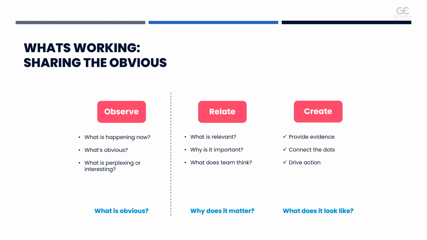I'm trying to make them relatable to what's happening and what's relevant to us right now. And I'm trying to gather perspectives through these detanglers because I want people to engage and give me feedback. And then I'm trying to create detanglers that show these things and connect the dots and drive action and help people get untangled. So if I observe, relate, and create and make my detanglers that way, perhaps they are C slides, and perhaps they are helping people see.